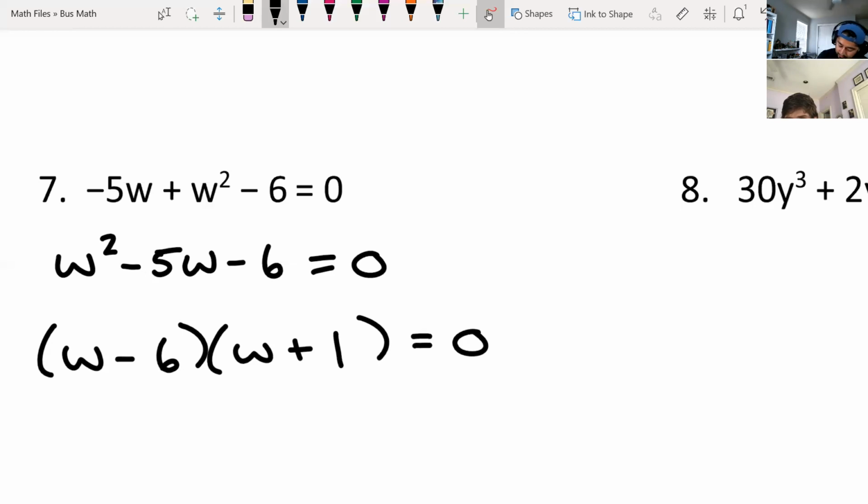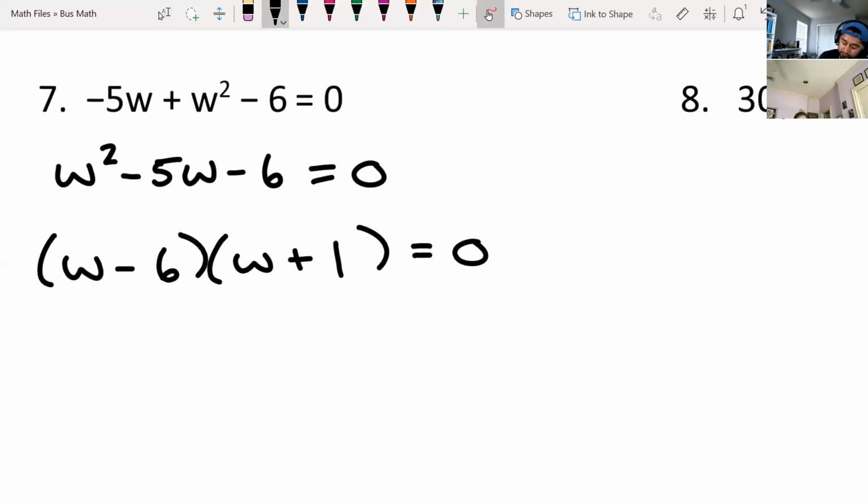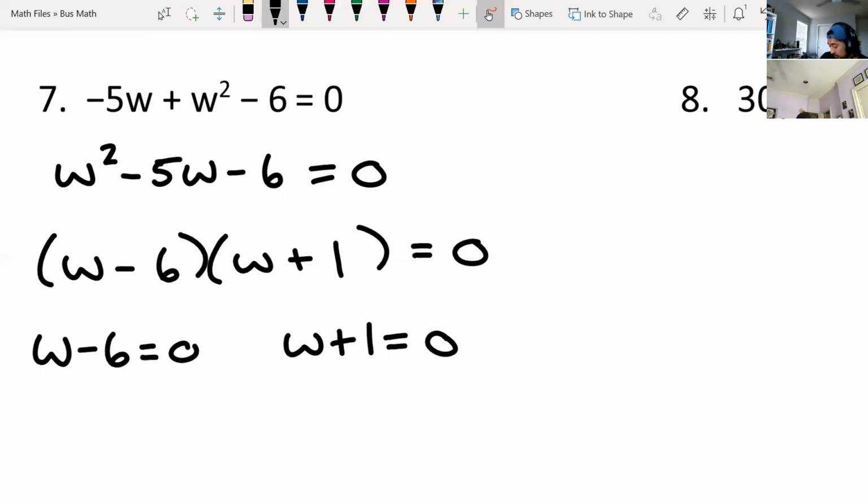Now this is completely factored, so we'll set each term equal to 0. w minus 6 equals 0, w plus 1 equal to 0. Solve for x, or w, sorry. w equals 6. w equals negative 1.